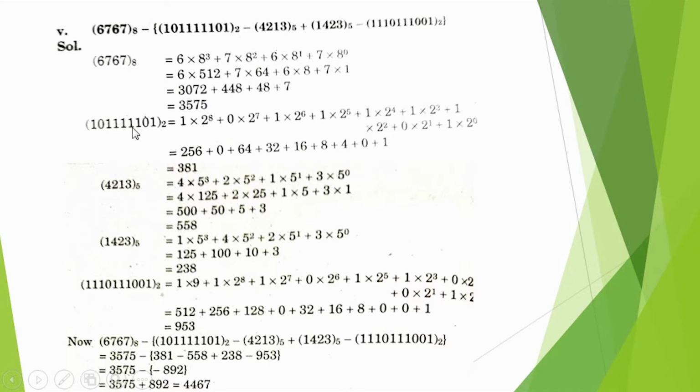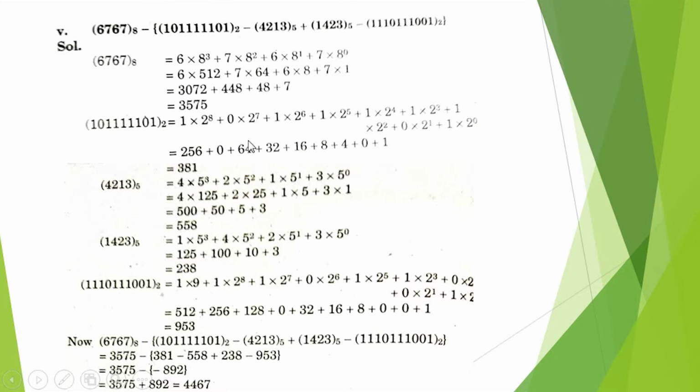3575 comes. Now this binary number we convert into a decimal number. 1 multiply 2, 0 multiply 2, 1 multiply 2, 1 multiply 2, 1 multiply 2, 1 multiply 2, 0 multiply 2 and 1 multiply 2. Now we write their powers 0, 1, 2, 3, 4, 5, 6, 7, 8.